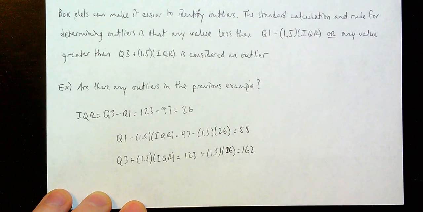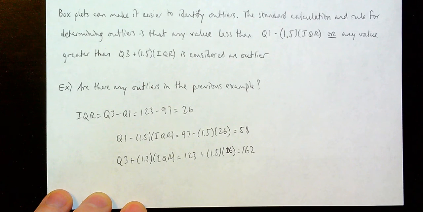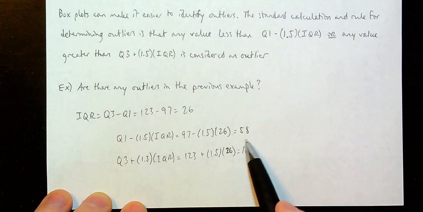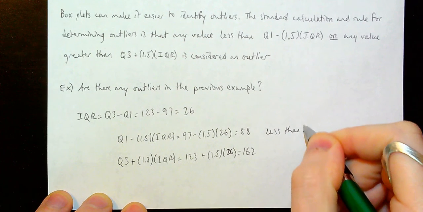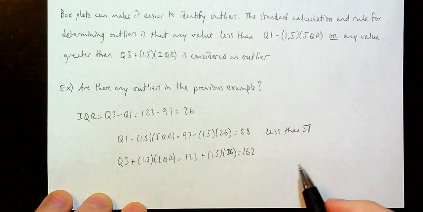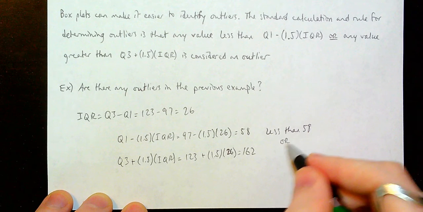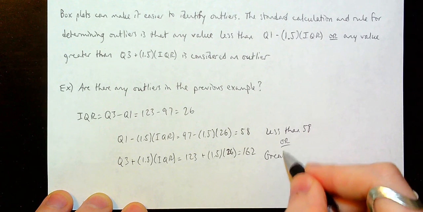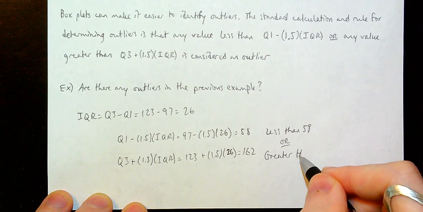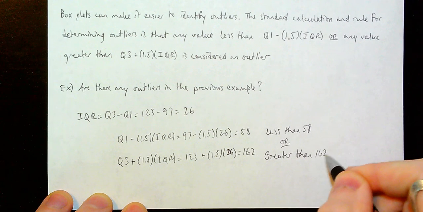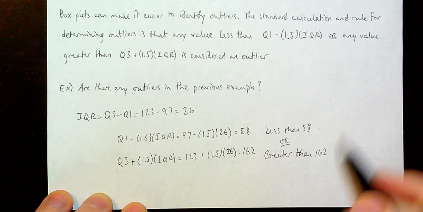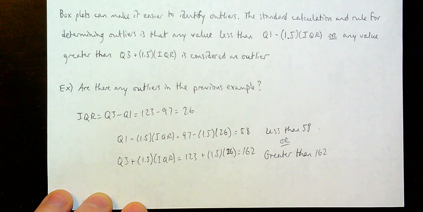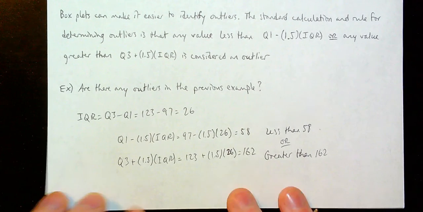So what we have to do is look and see if we have any values less than 58, then those values are considered outliers. Or if we have values in our data set that are greater than 162. If either of these things hold true, then that value is an outlier.